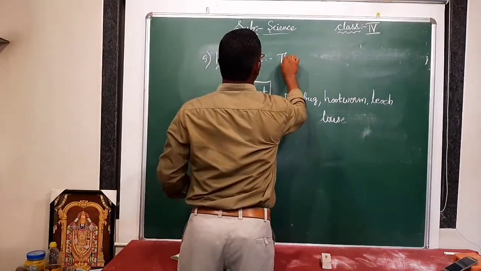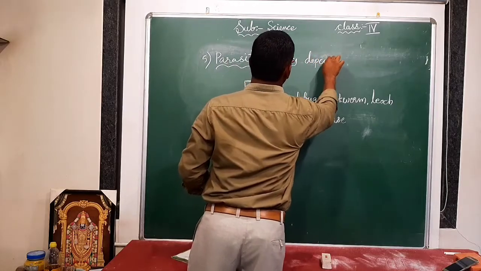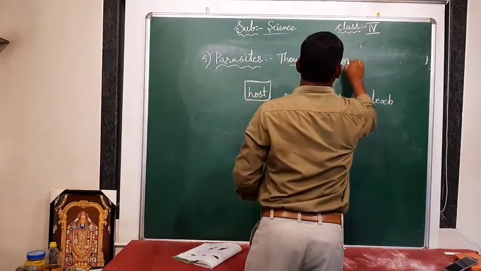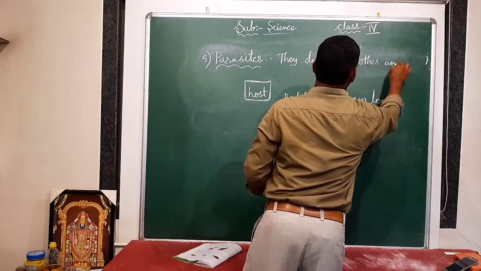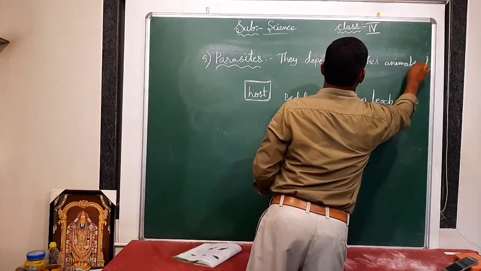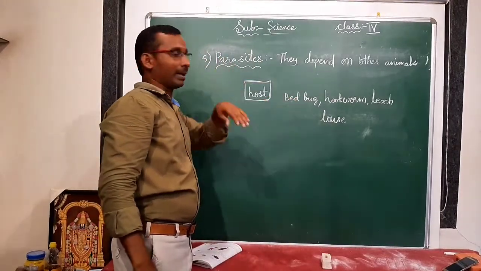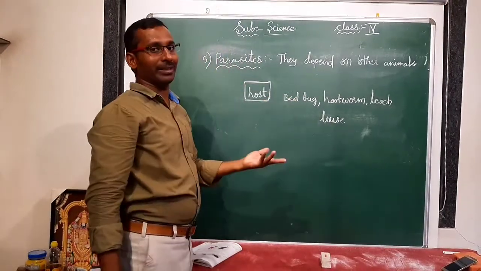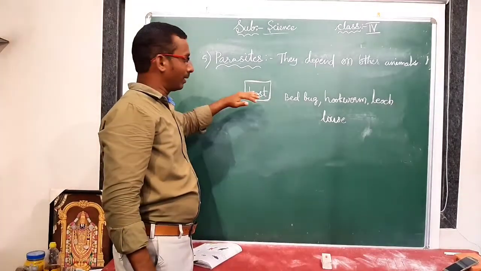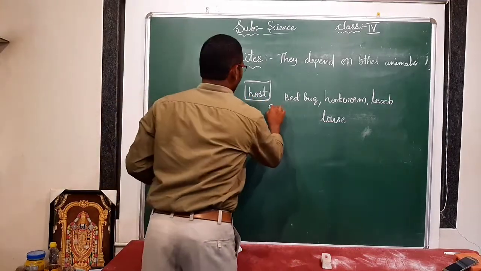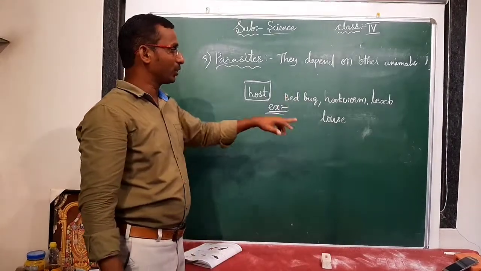They live and depend on other animals. So the animals depending on other animals are called parasites. The animal on which they live and depend is called the host. So the examples are bed bug, hookworm, leech, louse.